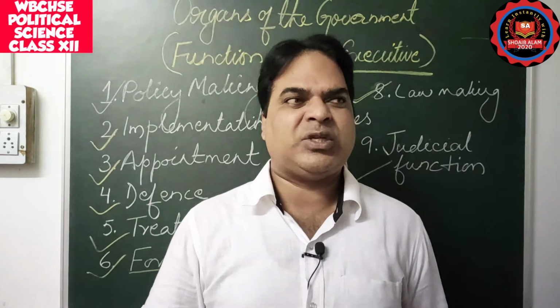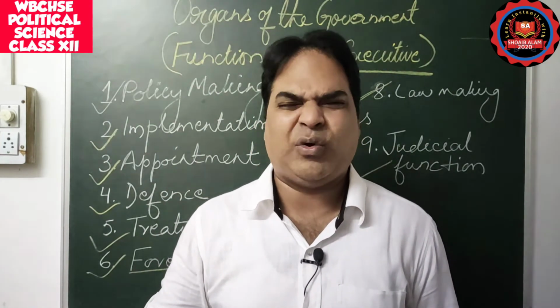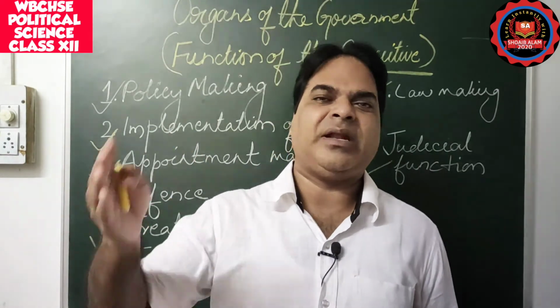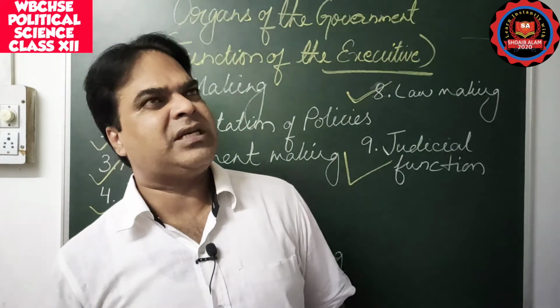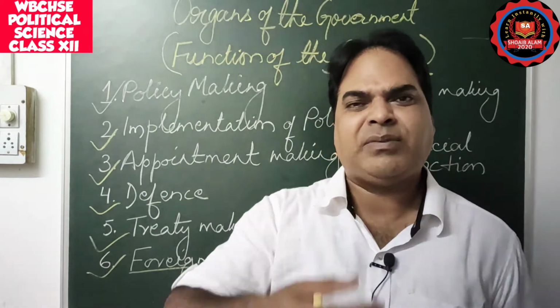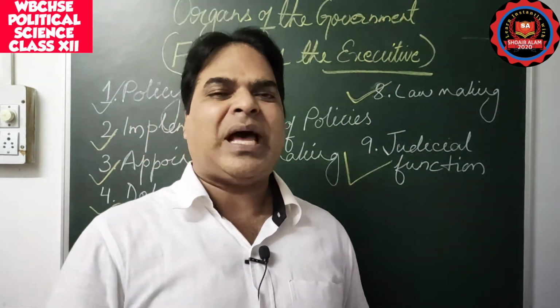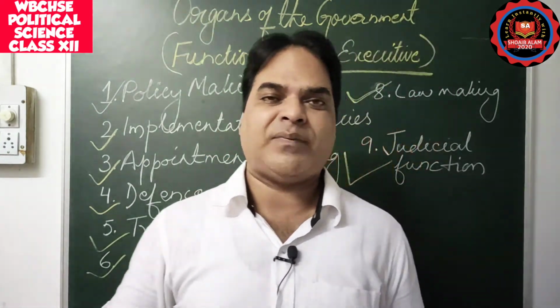If it is a death sentence and the president is convinced, he can reduce the punishment to lifetime imprisonment. If you are given lifetime imprisonment, a few years can be reduced, five or six years of reduction can be done. So that is done by the executives of the country.